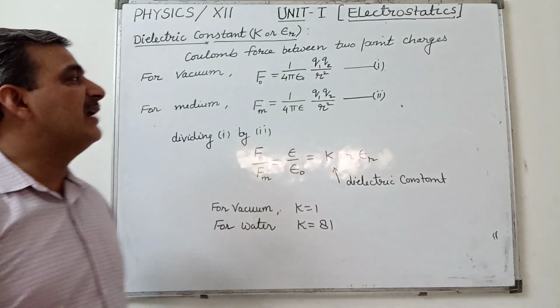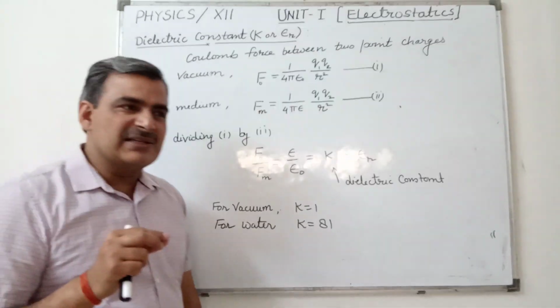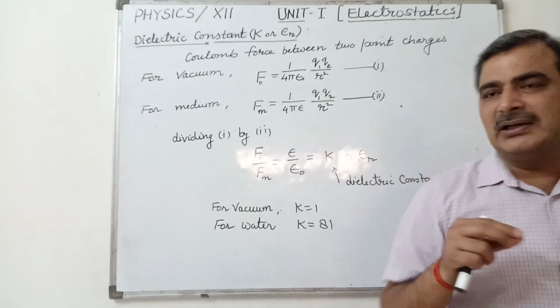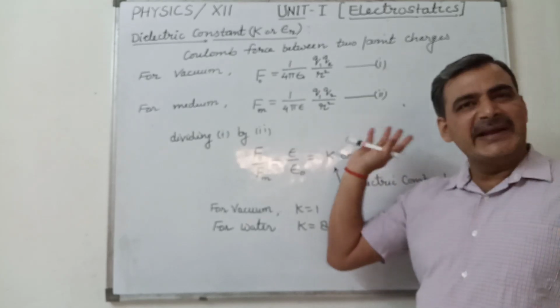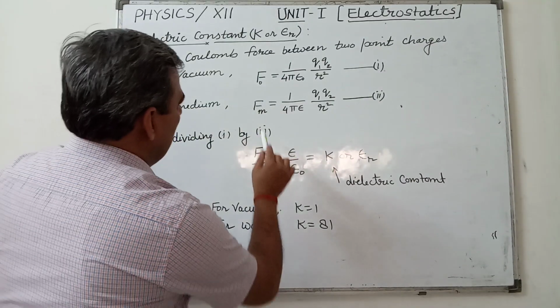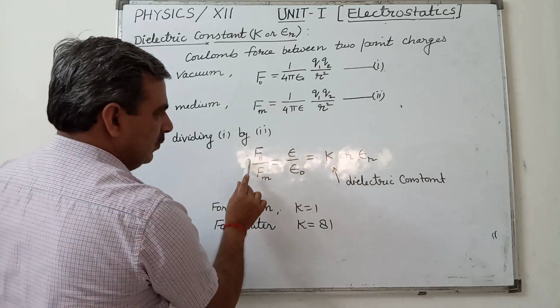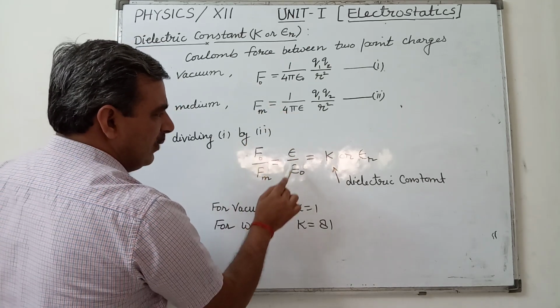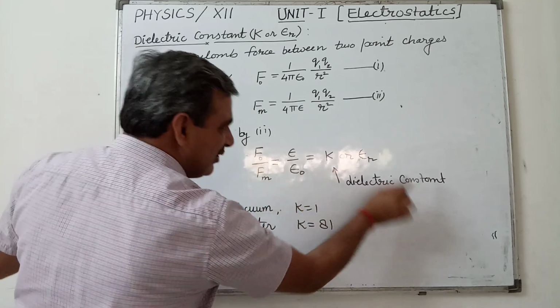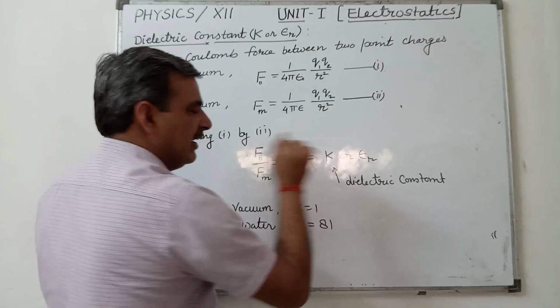What kind of medium do we have? Either the medium is air, or water, or mica, and so on. The value varies accordingly. So if you divide F naught by Fn, we have epsilon over epsilon naught, which will be further equal to K, which we call the dielectric constant, also given by epsilon r.